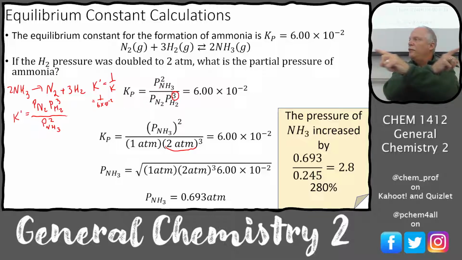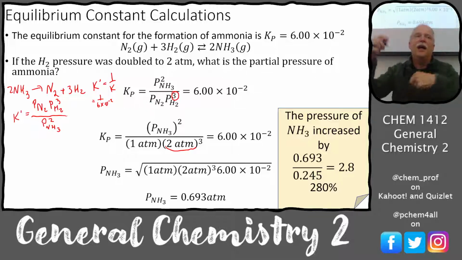So if you reverse the reaction, you invert K. And that's on the homework, I think. That's one of the ones on the homework, where we write the reverse reaction. What do we do to K to get the new equilibrium constant for the reverse reaction? And it's 1 over K. And then again, you would put in the numbers and so on. You could do the same problem and you'd get the same results.